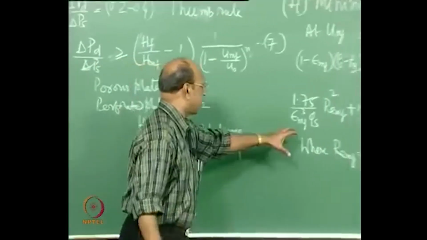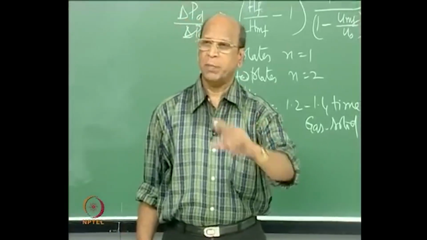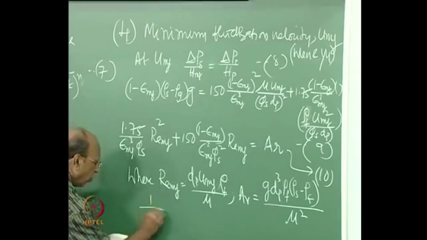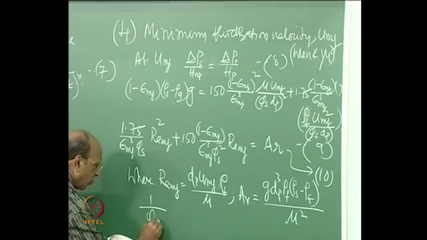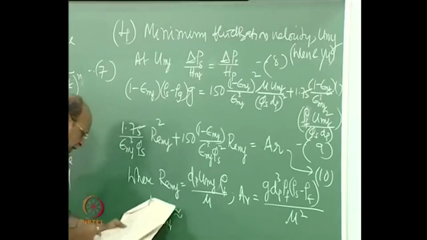So, like that they have taken various particles, alumina, copper, not silver, silver is costly, zinc and many materials, and they have formulated this group as 1 by phi s epsilon mf cubed is approximately 14.